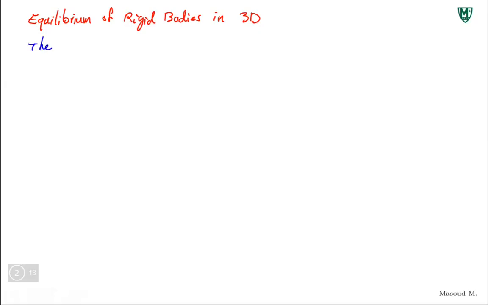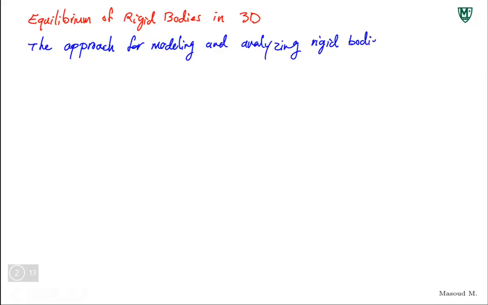The approach for modeling and analyzing, say, rigid bodies in three-dimensional space or 3D is the same as 2D.